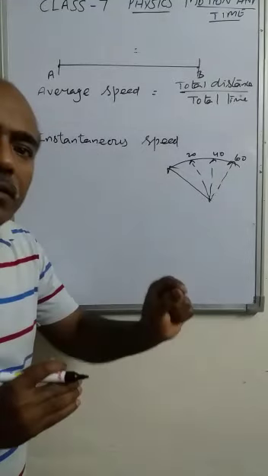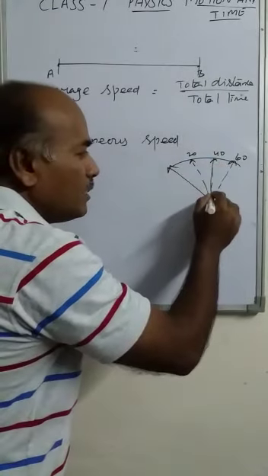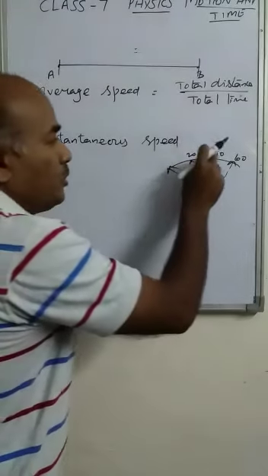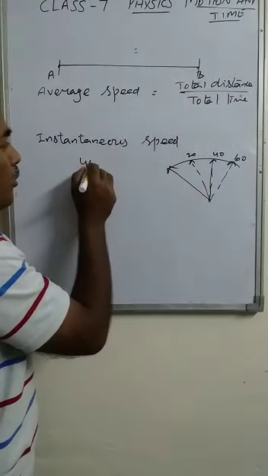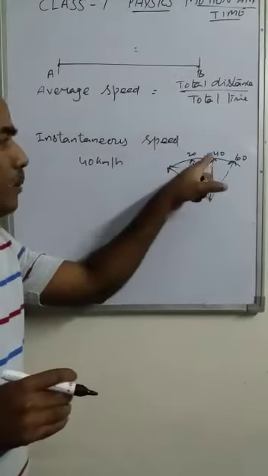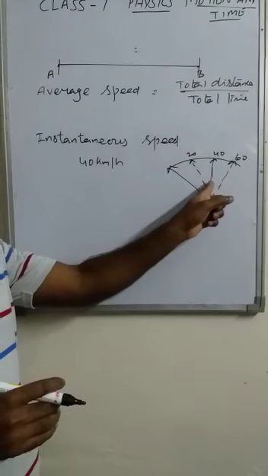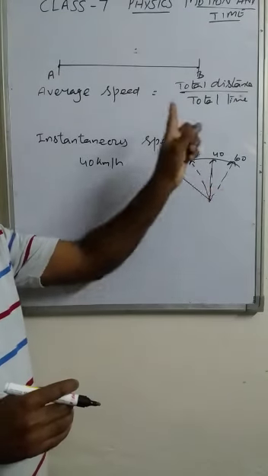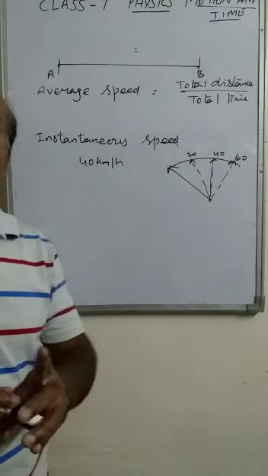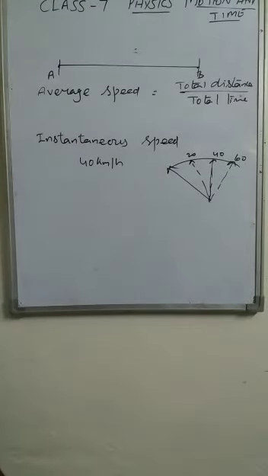But at any particular instant, when you observe this pointer, whatever the value shown by the pointer, suppose at the moment you are seeing the pointer, it shows 40, that means 40 kilometers per hour is the speed of your vehicle at that particular instant. So instantaneous speed is the speed of the object at that particular instant.